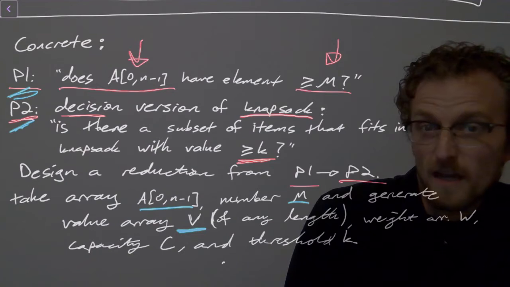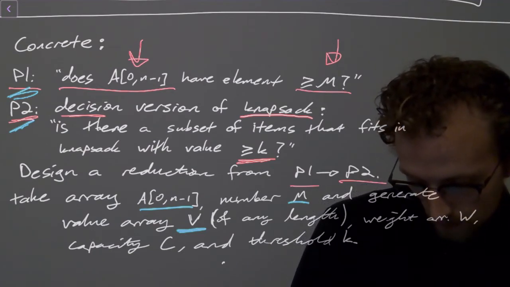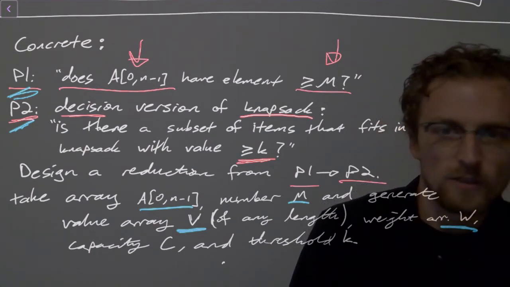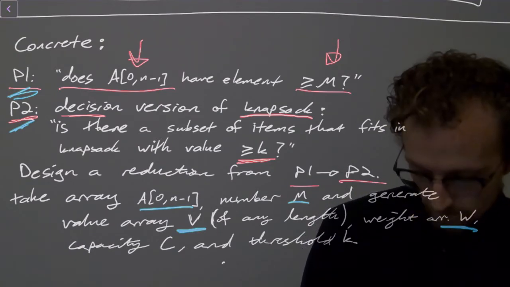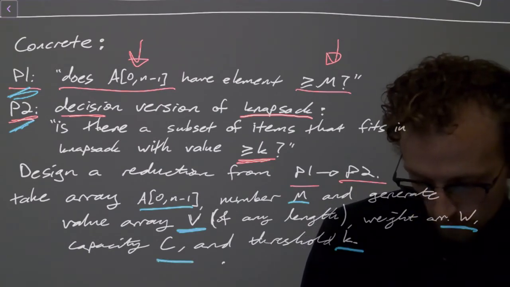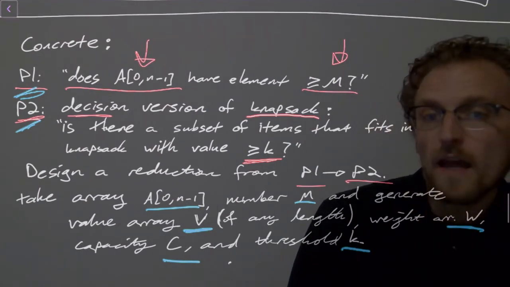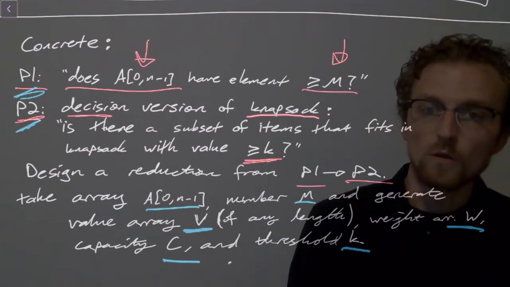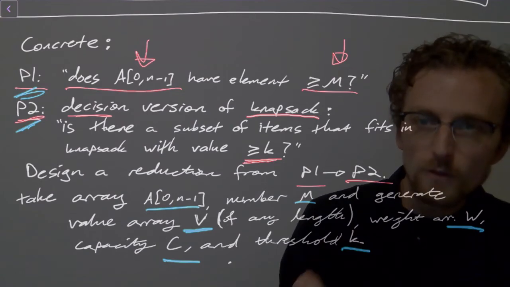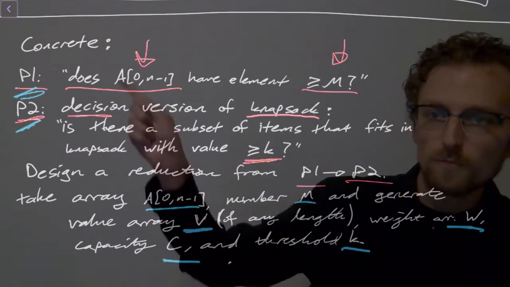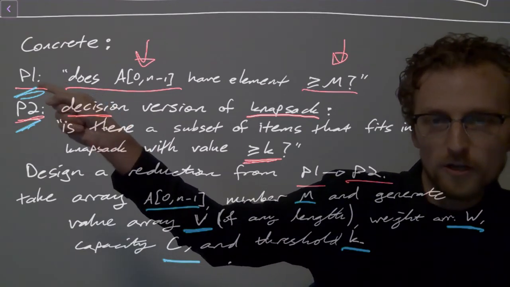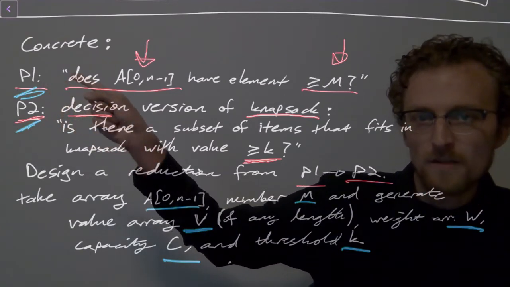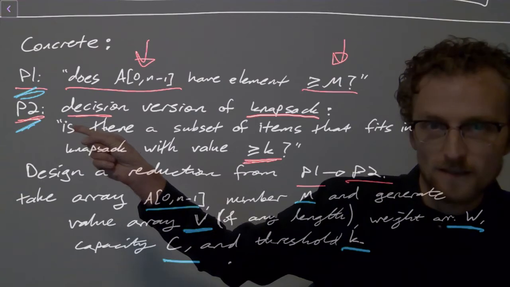This value array could be any length. You also generate a weight array. The only constraint is that it needs to be the same length as the value array, along with a capacity c and a threshold k. And these could be anything. The only rule is that if I give you an instance of P1 that is a yes instance, then your reduction had better generate an instance of the knapsack problem that is a yes instance.